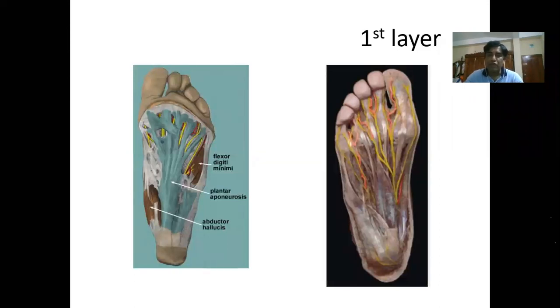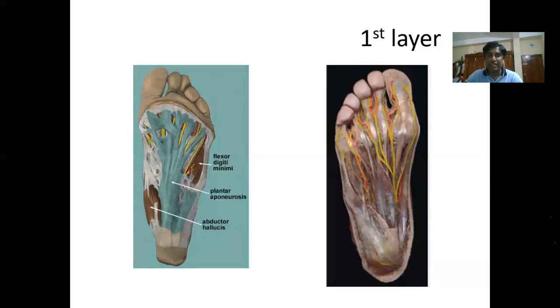So don't be very worried or afraid of doing percutaneous plantar aponeurosis resection in case of a cavus foot or a very tight plantar aponeurosis, because if you do this type of resection, it will allow you very rapid correction.